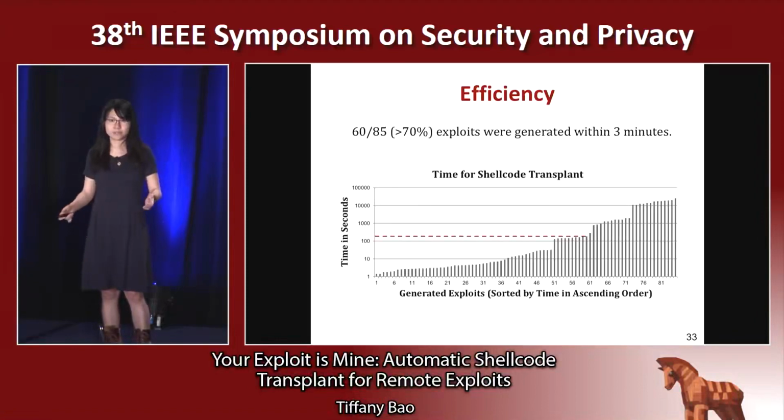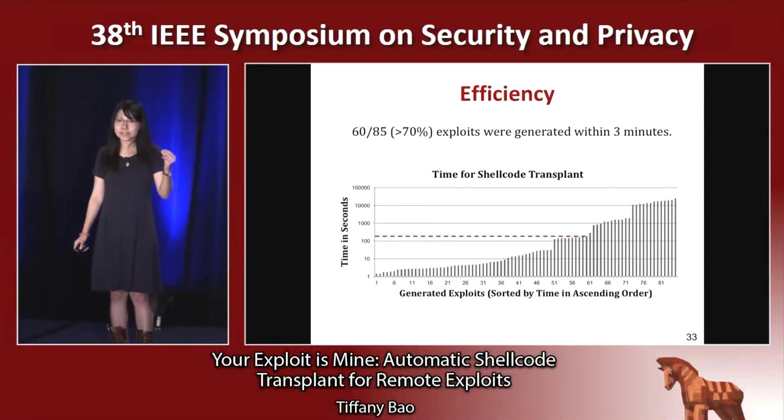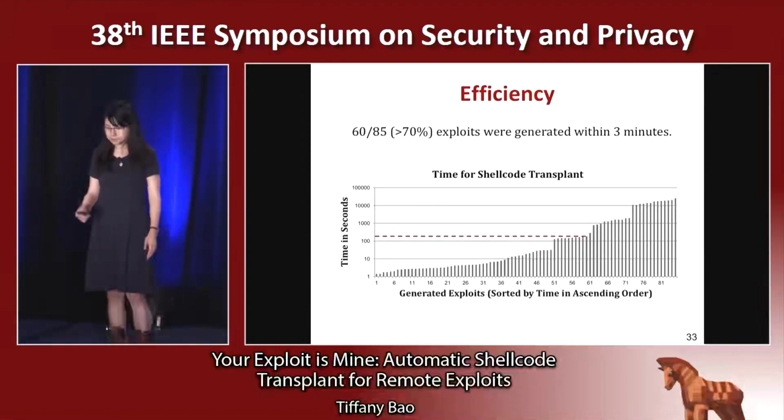For all exploits, we found that more than 70% of those exploits can be generated within 3 minutes. And this means that if you spend 3 minutes, just sit there, or get a coffee, tea, whatever, when you come back, you get a new exploit. And this is much faster than human analysis.